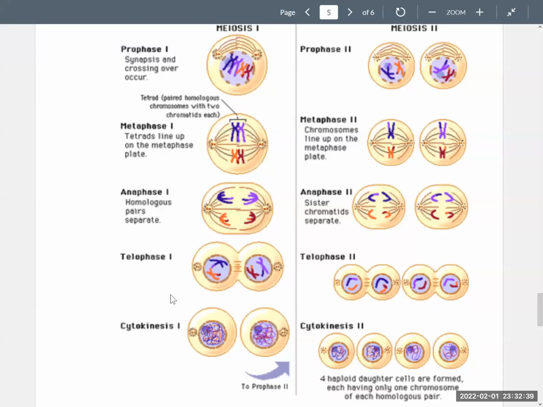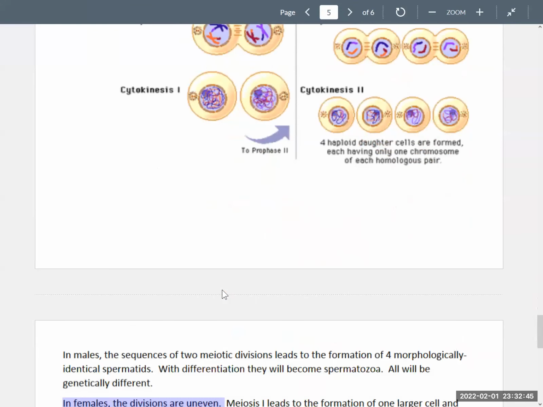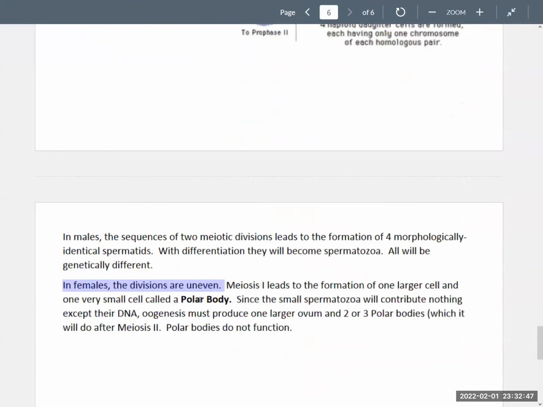One large cell and one much smaller cell. That smaller cell is called a polar body. It will not survive. It may be able to do the second division and form two more polar bodies. And the large first cell can form one more polar body.